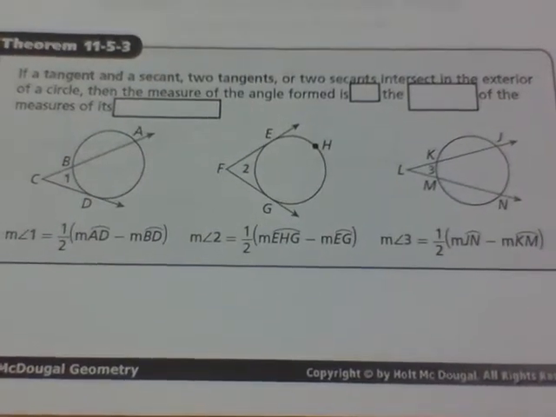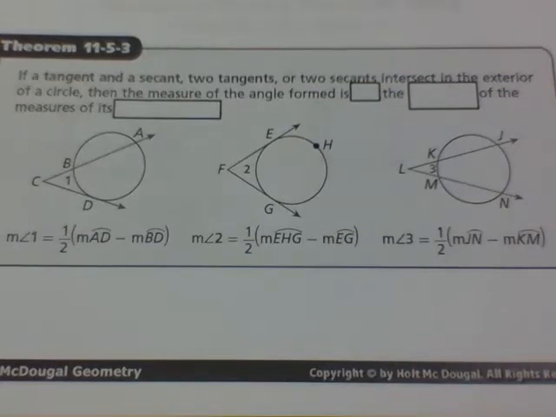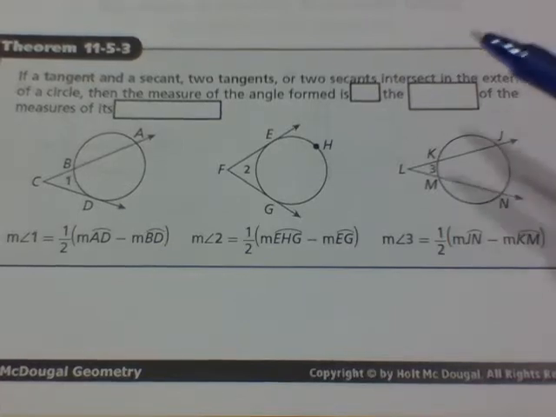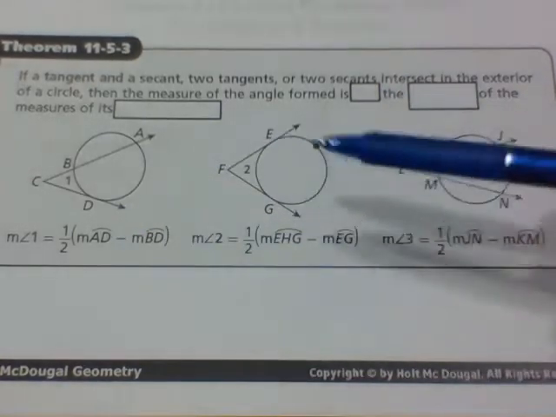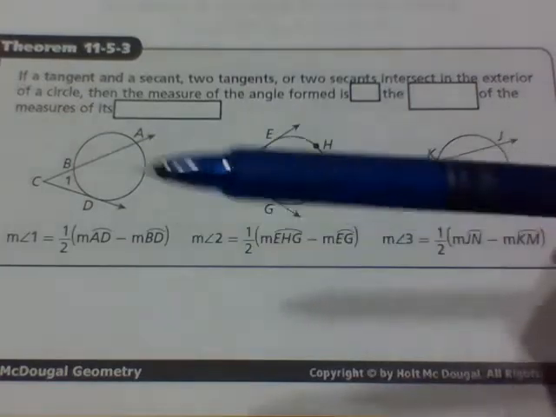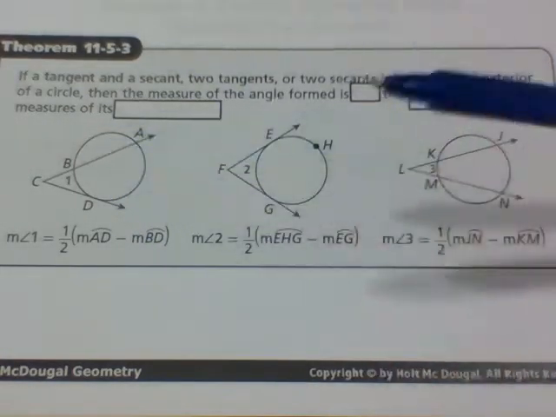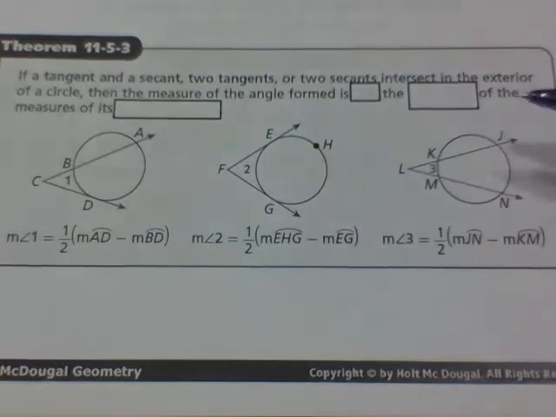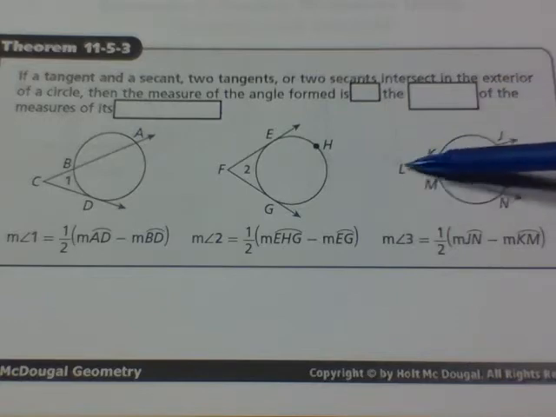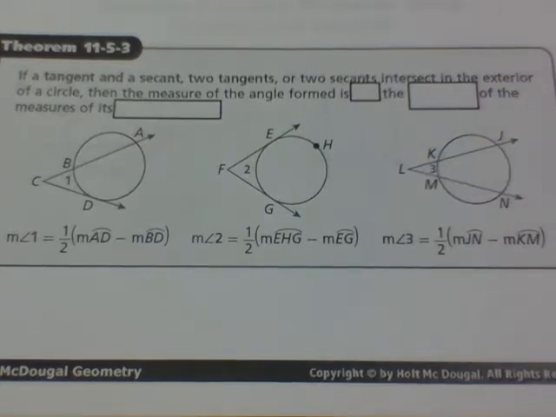The next theorem that we're talking about is 1153. It states that if a tangent and a secant, two tangents, or two secants, so notice there are three options here. A tangent and a secant is this guy. Here's your tangent, here's your secant. Two tangents, that's these ones, or two secants, there they are, intersect in the exterior. So the previous one was talking about two secants or chords meeting on the inside.